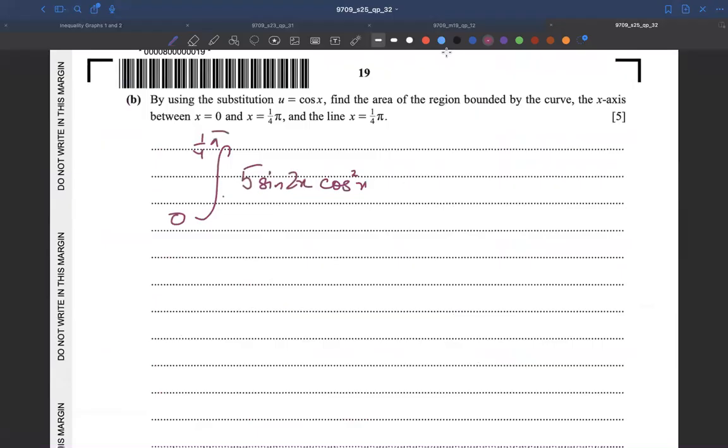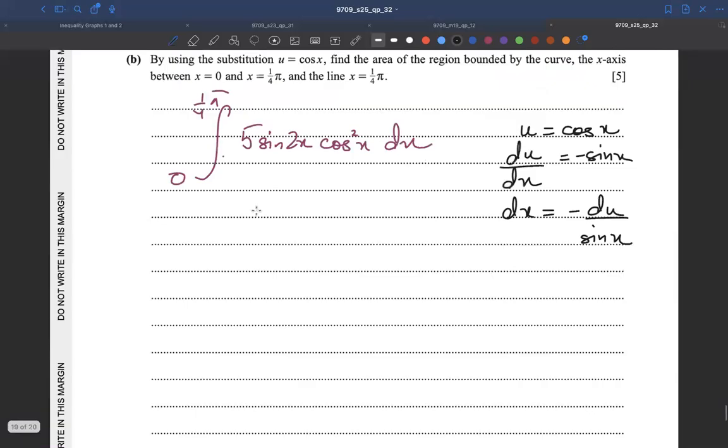Now whenever we are using substitution, the first thing we do is find du by dx. That would be equal to minus sin x. So dx would be equal to minus du upon sin x. So in place of sin 2x, we can write 2 sin x cos x as the identity.